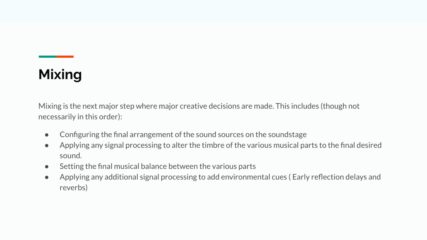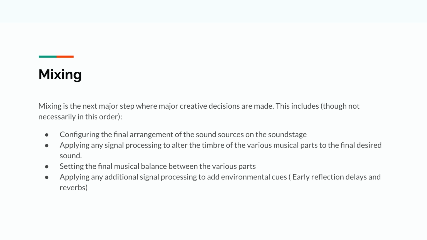Finally, one of the last things that we want to think about is applying any additional signal processing to add environmental cues. So these are specific signal processes that are used to create the perception of a room around the sound stage. So this could include delays that are used to create an early reflection field, a sense of the sound arriving after bouncing off of various surfaces in the room shortly after the direct sound arrives.